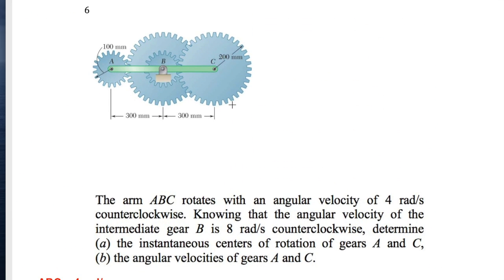Alright, problem 6. For this one, we're given these 3 gears in the arms, A, B, and C. We know the angular velocity of that arm is 4 radians per second going in the counterclockwise direction, and we know the angular velocity of this gear B is going 8 radians per second in the counterclockwise direction.